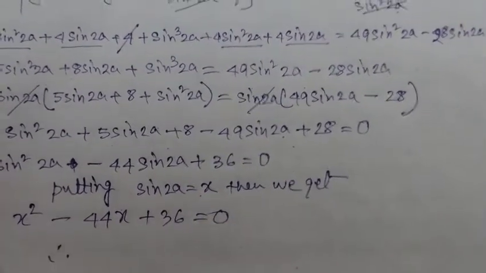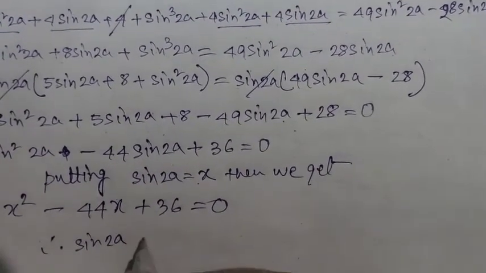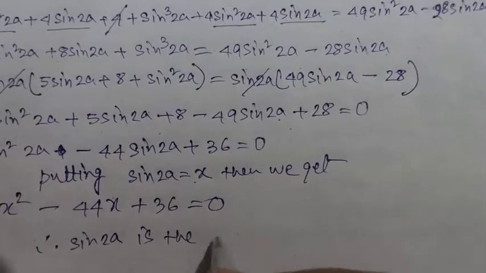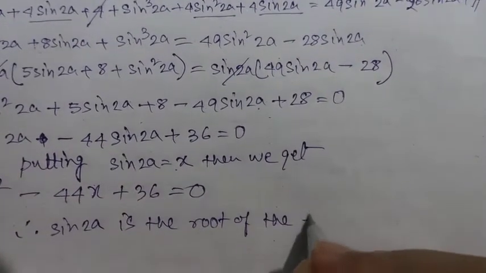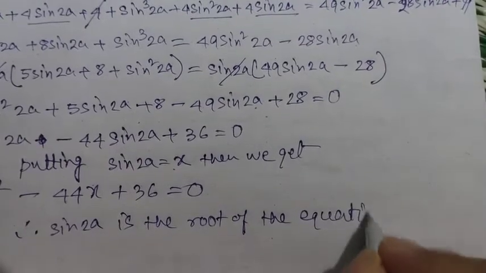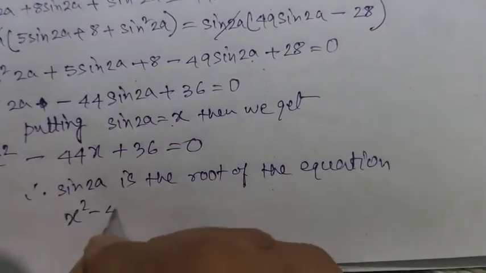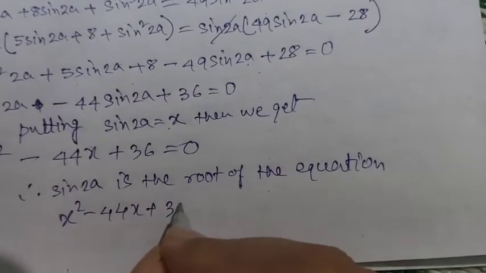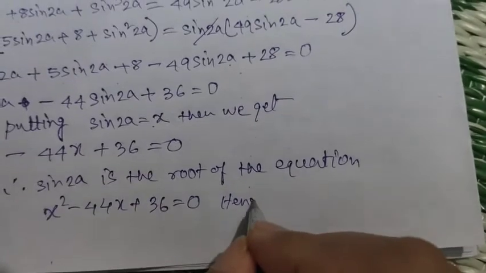Therefore we can write that sin 2A is the root of the equation x square minus 44x plus 36 equal to 0, hence proved.